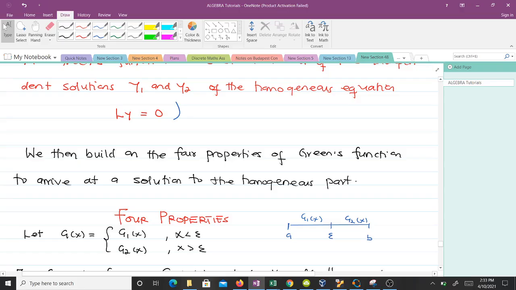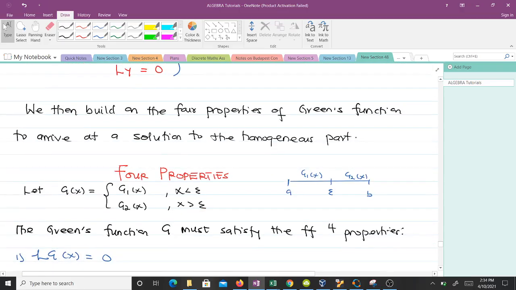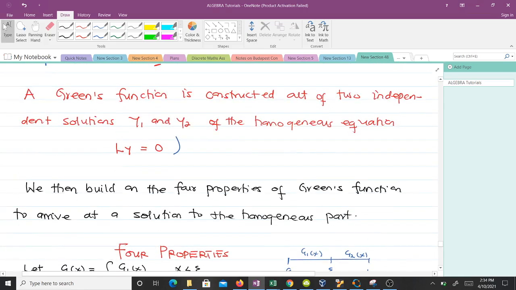When we have a differential equation and we are asked to use a Green's function to find the solution to it, we consider the homogeneous part and we solve that part. Then we let our Green's function be given in terms of y1 and y2; in this case, let's name them g1 and g2.